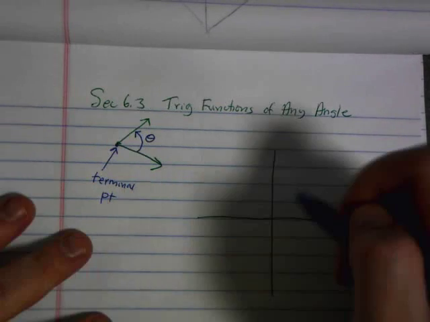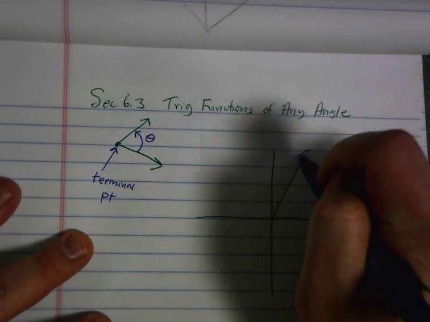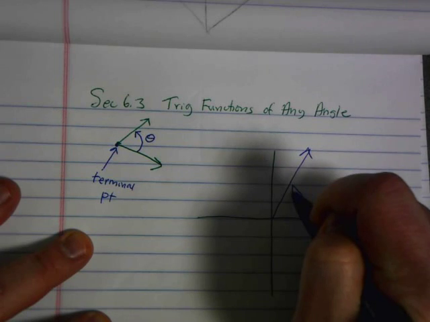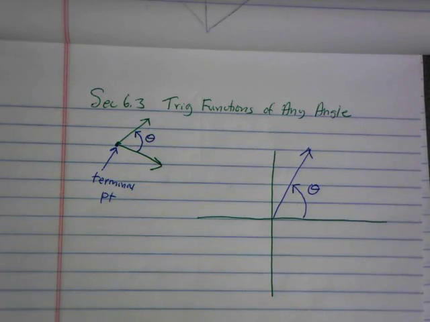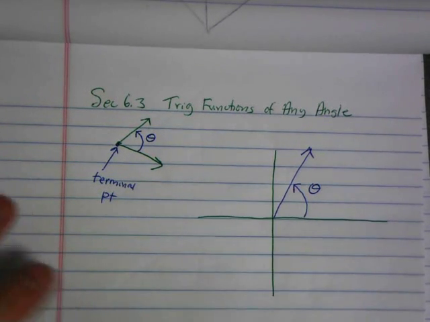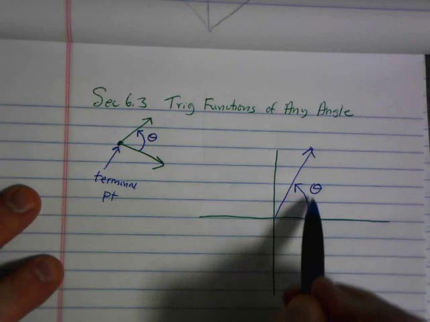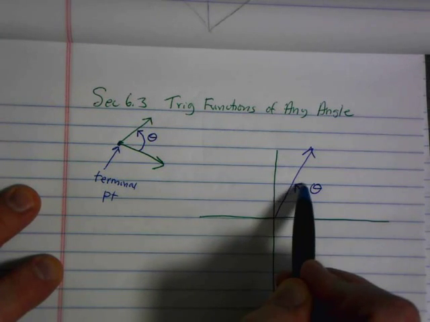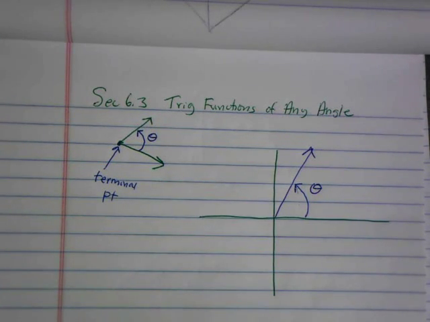So typically we draw angles like this, and we might call this angle theta. We only draw one ray, and it's assumed that the other ray is always the positive x-axis.